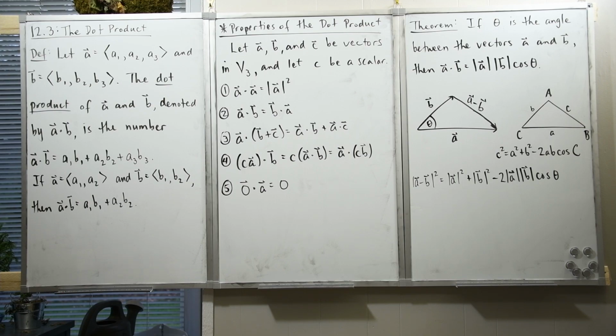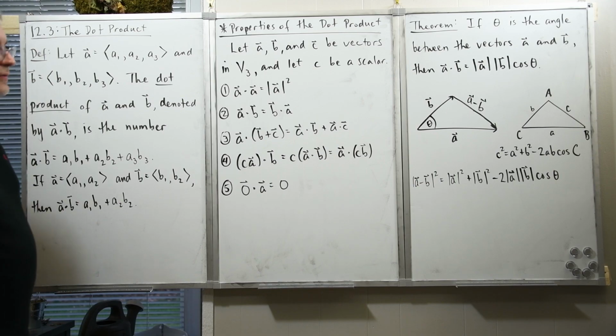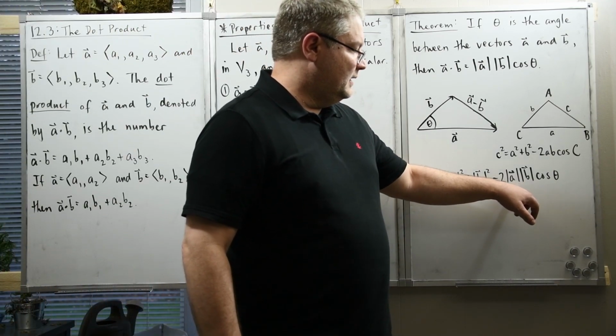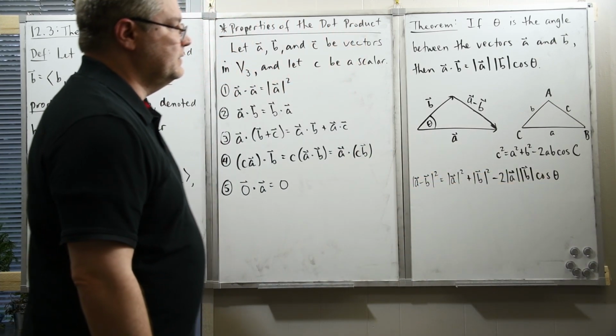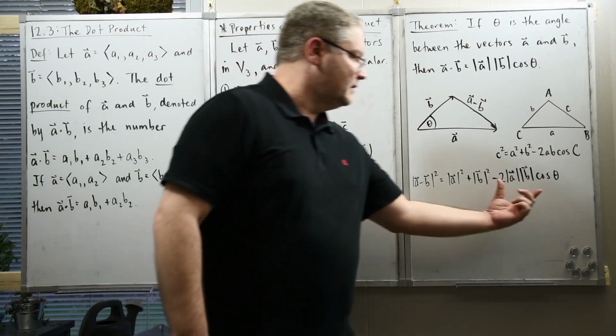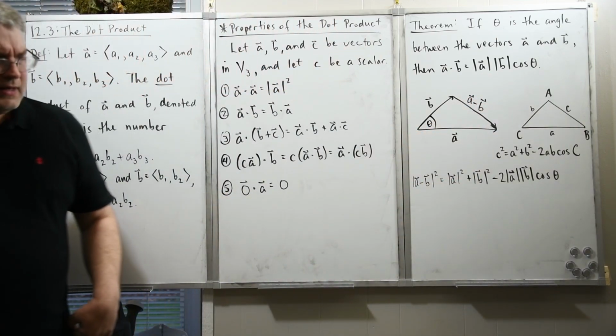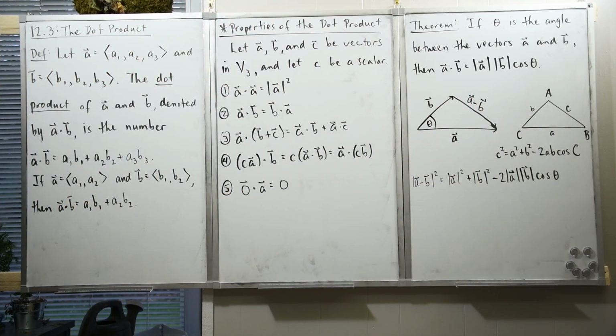Now, this is how we at least introduce the cosine of theta. In fact, we have, notice, a negative 2 times magnitude A times magnitude of B times cosine theta. So at least this part is looking a bit like what we see here, but the question then becomes, well, how exactly is it that we introduce the dot product?